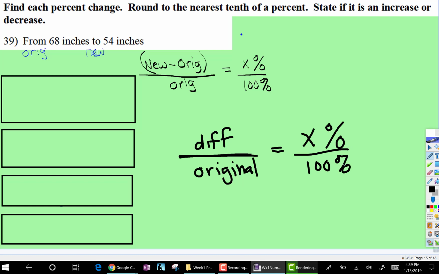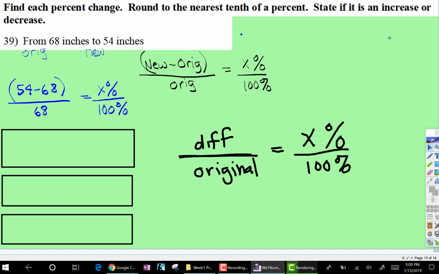And then you're just going to set it up. So right after the word from, this is the starting, right? When you say, hey, I'm from Gooding, that is where you originate from. So 68's the original.